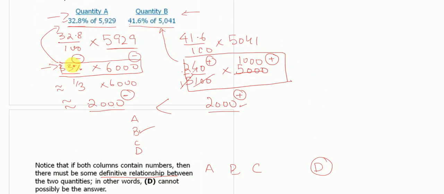If, let's say, for column A and column B you have some variables in them, X and Y, now with these variables there's a possibility that the answer might be D. But if you had numbers, let's say 6 and 7, it's absolutely impossible to have D as a possible answer.